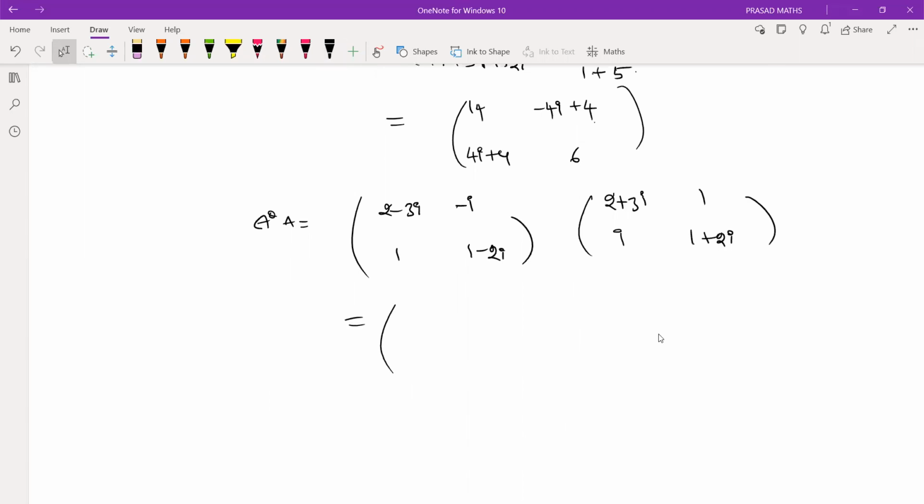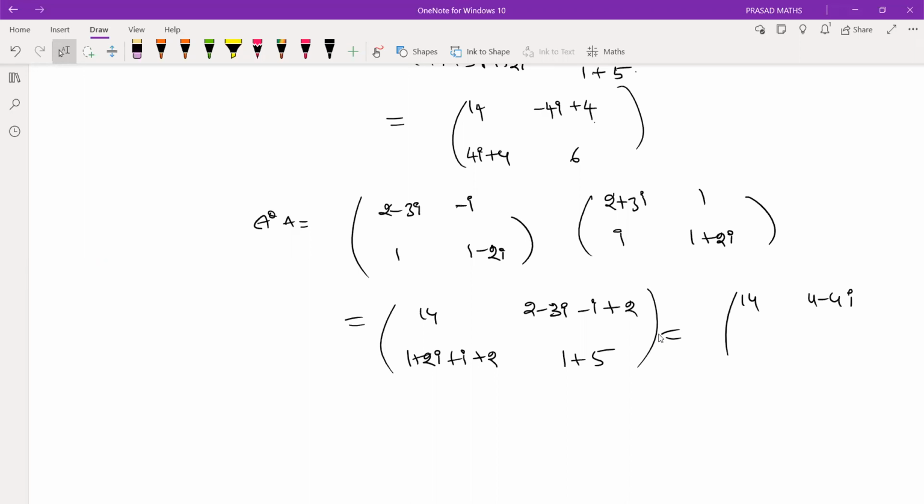So that means it's nothing but 4 plus 9. 4 plus 9 is 13. 13 plus 1, 14. Next, 2 minus 3i. Next, minus i plus 2. Right? Next, 1 plus 2i. Next, plus i minus 2i into i plus 2. Right? So this mod z squared is nothing but 5. That is nothing but 14, 4 minus 4i.